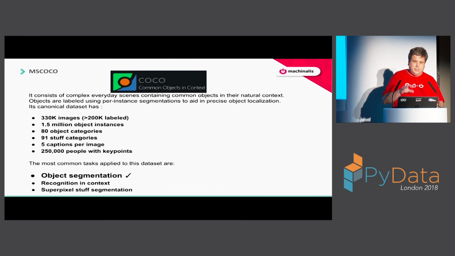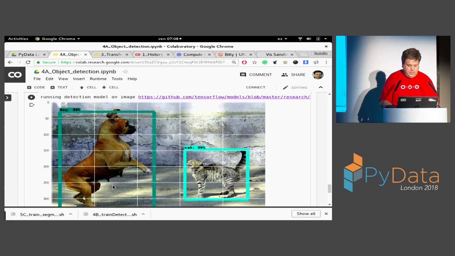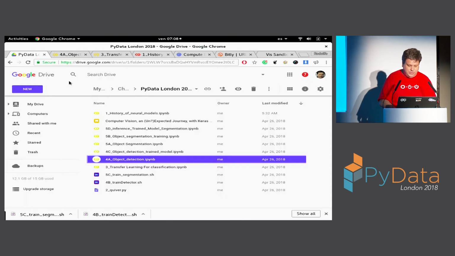If you do research in the future, you will probably be representing things in the COCO format, because it allows you to annotate the images with many properties. For example, you can describe any scene with text. You can do many new things that were not provided with the Pascal format. So take this into account. Probably you will be looking at the COCO format and dataset in the future if you get into research.